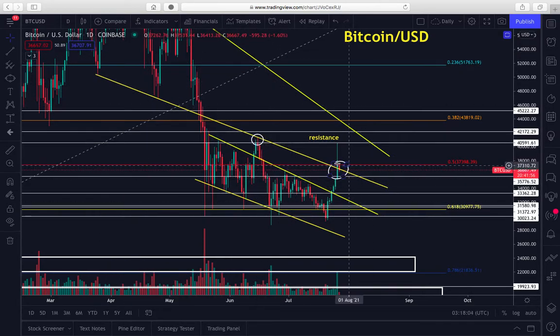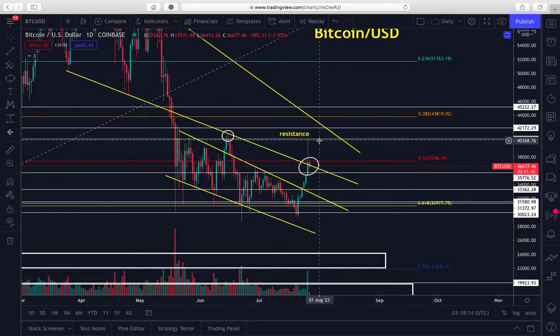Now we're trying to break back into this pattern, and that's kind of what happened here. We hit a resistance level that we had drawn for a while, if you see my other charts. Hit it perfectly right here at about $40,000. Sold off. Now we're going back to this lower trend line of this descending wedge.